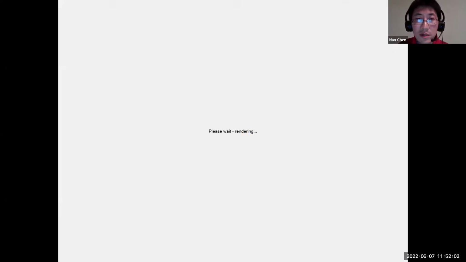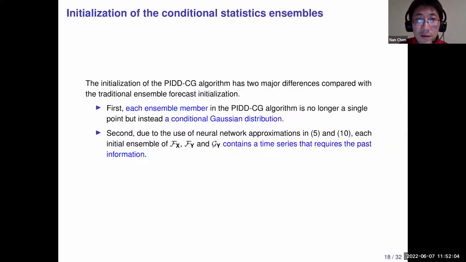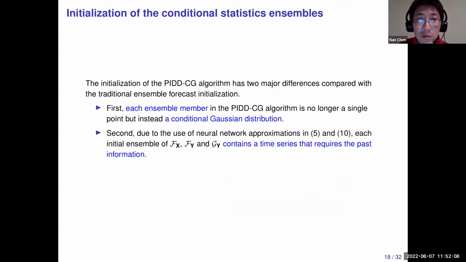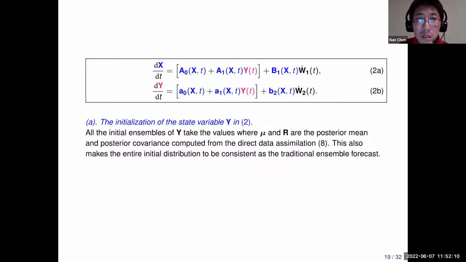Let me try to see if I understand your question completely. So the method has two parts. For the X component, I did use KDEs, but for the Y component, I use the conditional Gaussian distributions. So you're asking about the X part or the Y part? The X part.